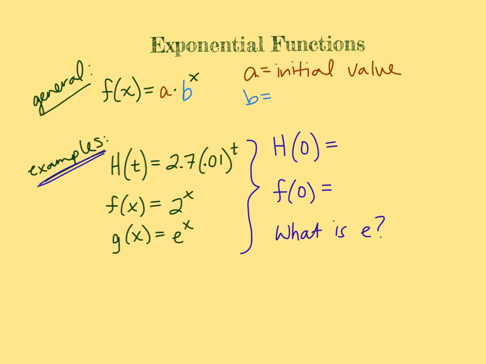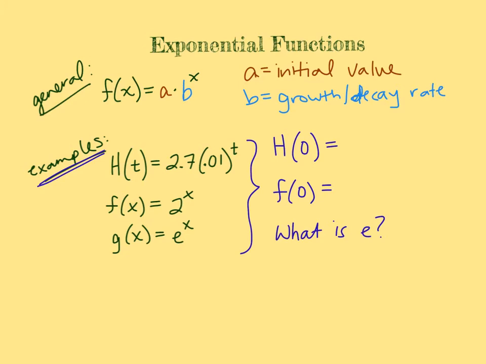B is considered either the growth rate or the decay rate, depending on how big b is. So if b is greater than 1, then we're growing. And if b is between 0 and 1, we're actually decaying. If b is 1, it's not an exponential function because 1 to the anything is still just 1.